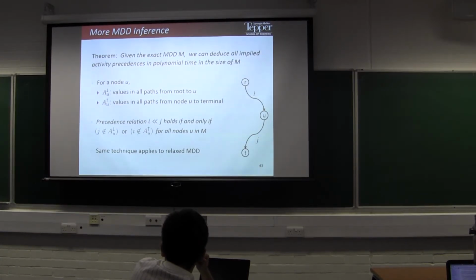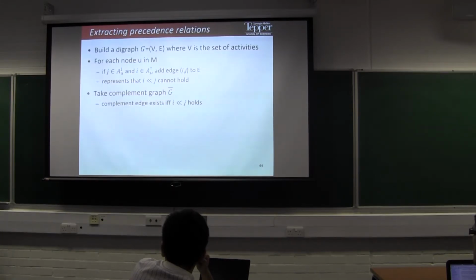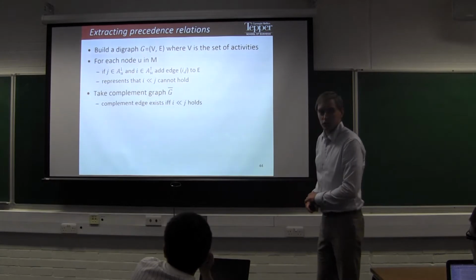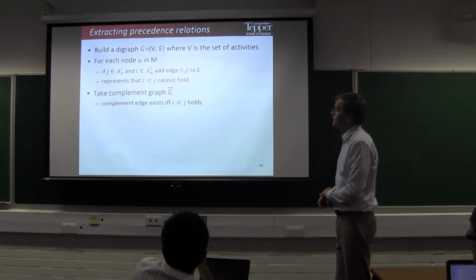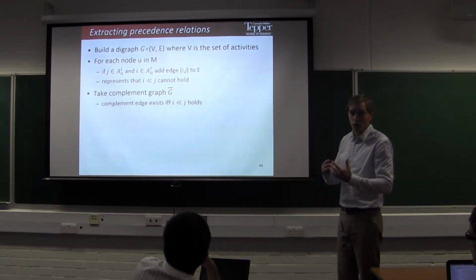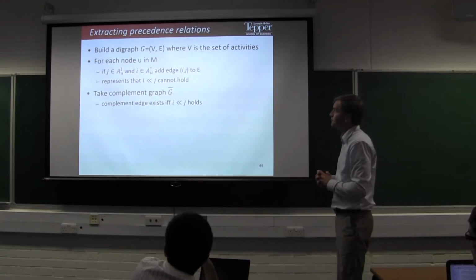Okay. So how does that work? I think this is a very nice way of getting it. So if you are interested in getting the precedence constraints for a scheduling problem, you might find this an interesting way to do that. What I will do, I'll give you a polynomial time algorithm to get you all the precedence constraints from a given MDD.